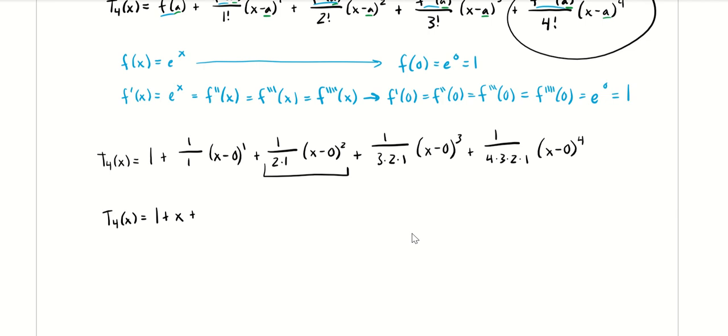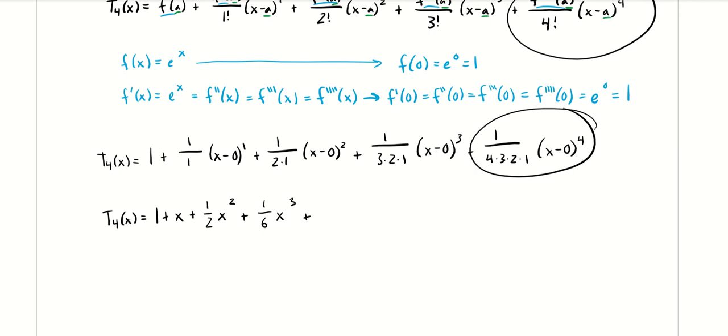This piece here, 1 over 2 times 1 is 1/2 times x squared. Our third, everything involving 3, that's our third derivative over 3 times 2 times 1, that's 6, times x cubed. And then finally here, 1 over 4 times 3 times 2 times 1. 4 times 3 is 12, times 2 is 24, times 1 is 24. So that's 1 over 24 times x to the fourth.